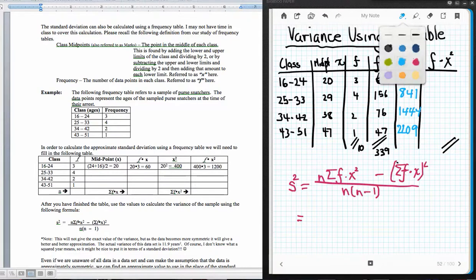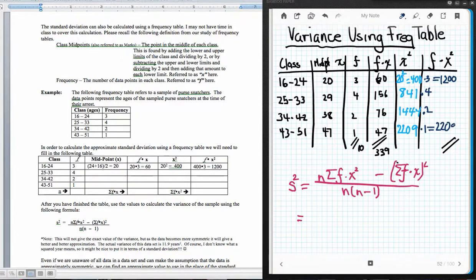So the first one is multiplying this times 3, which gives us 1200. Then the next one, we multiply 841 by 4, 1444 by 2, and 2209 by 1.